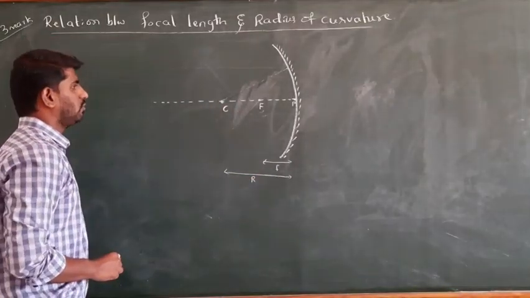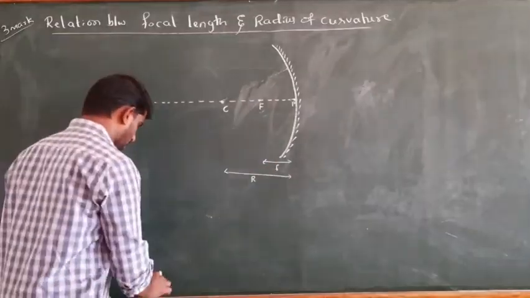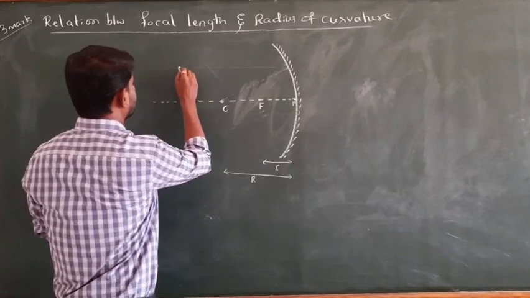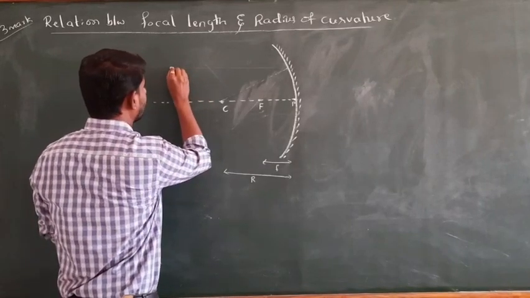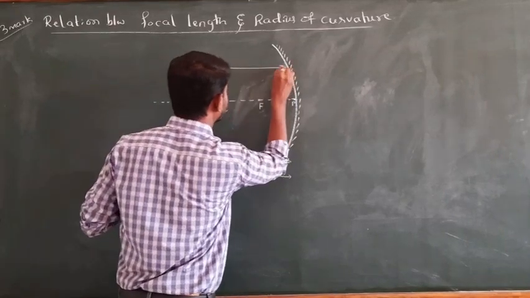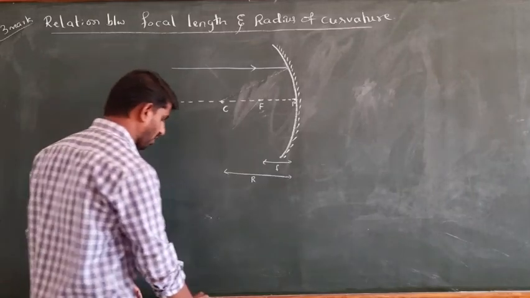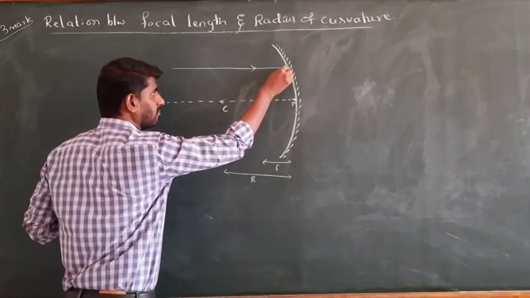So we should establish the relation between f and R. See the diagram. A ray is incident on the concave mirror. This is the incident ray. And at the point of incidence, I draw a normal line.